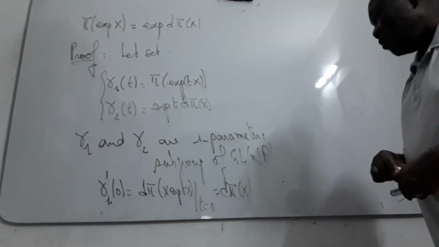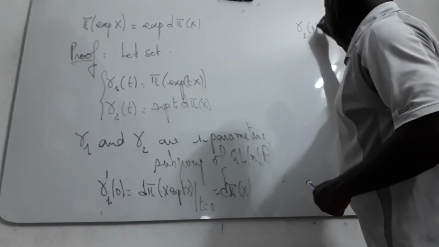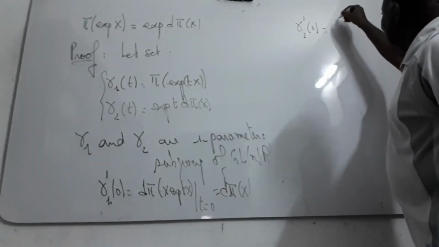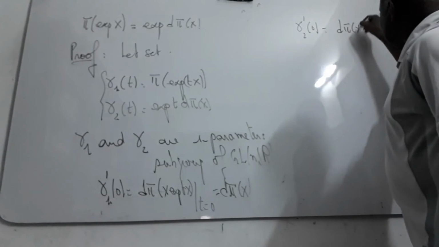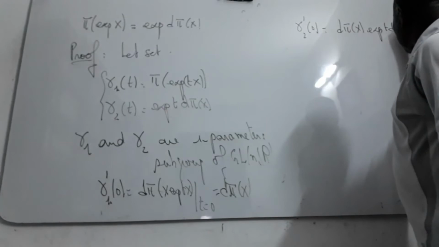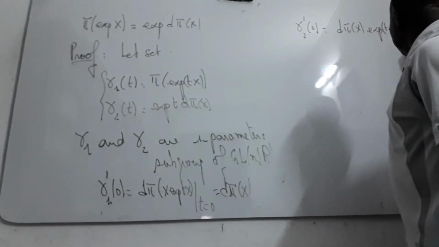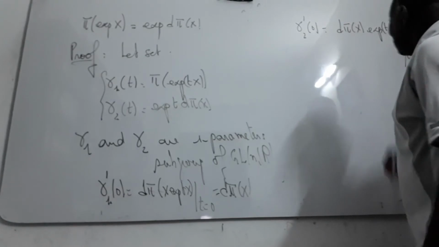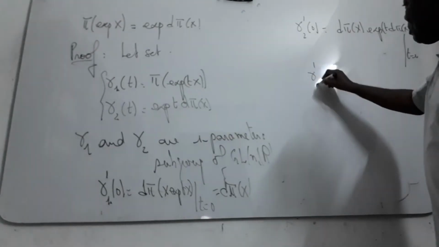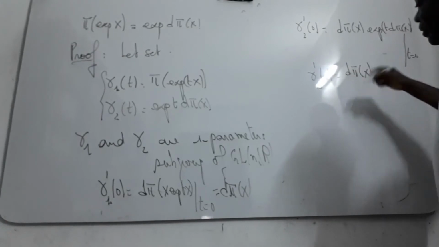If you do the same for gamma 2, gamma 2 of t is the exponential of t d pi of x, the derived representation of this, and when t tends to 0, gamma prime 2 of 0 is also equal to d pi of x.